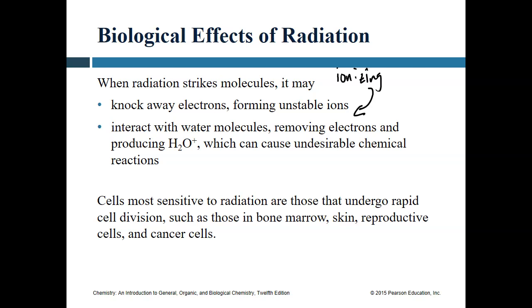Because if you've got skin cells that suddenly have had their electrons knocked around, those skin cells are going to start reacting to try to fix the problem that was created by the radiation.